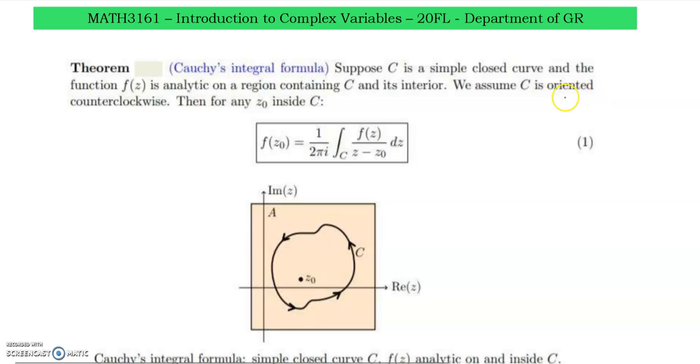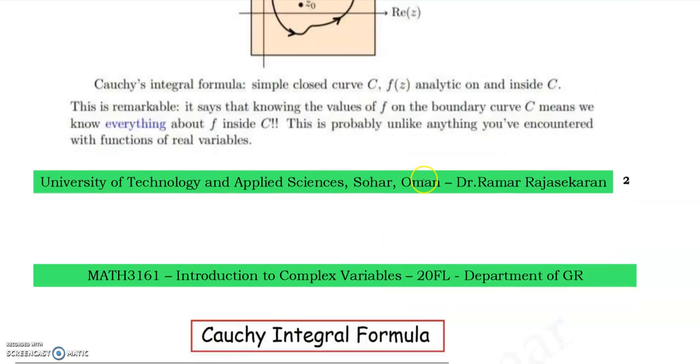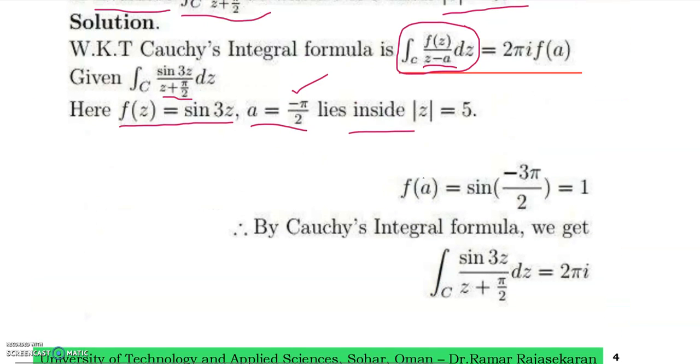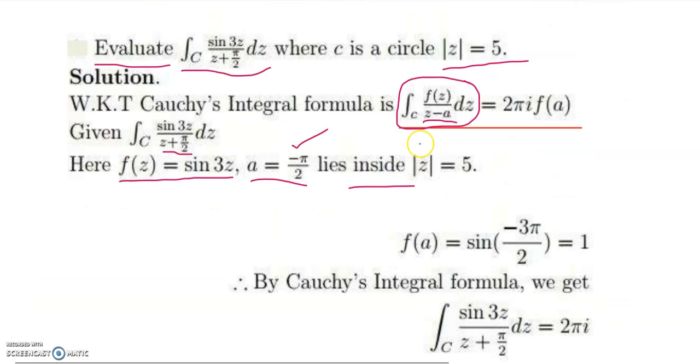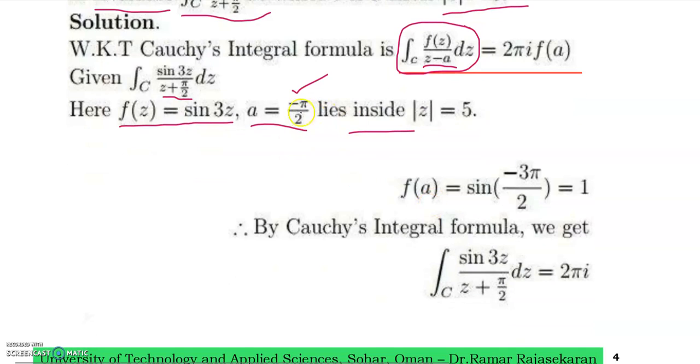We assume that C is oriented counterclockwise, then for any point z0 inside C, we can apply the Cauchy's integral formula. That's why I am telling you, first check that the point a equal to minus pi over 2 lies inside or not. If it is inside, okay, we can proceed. Now we have confirmed that a equal to minus pi over 2 is inside the circle.